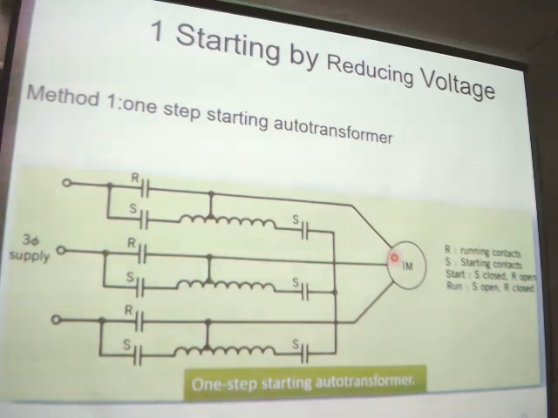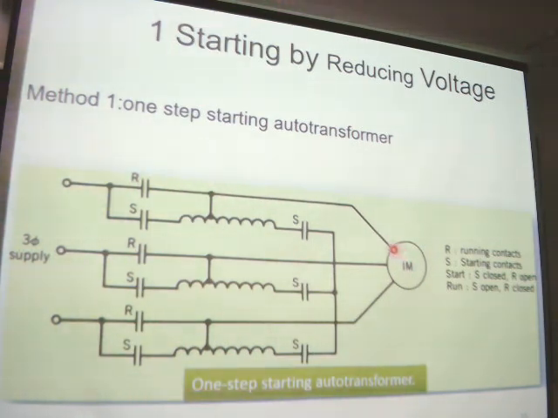It will start at lower voltage, but after the speed up, we should close the R contactor, and the start contactor is open. Then the source is directly connected to the terminal.